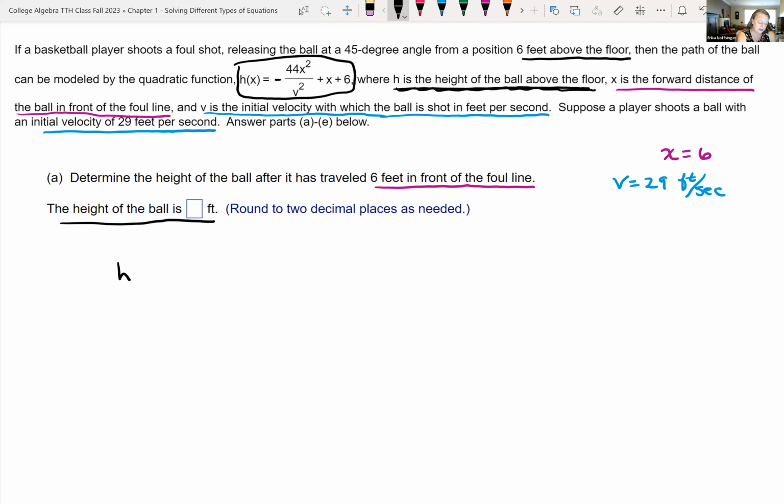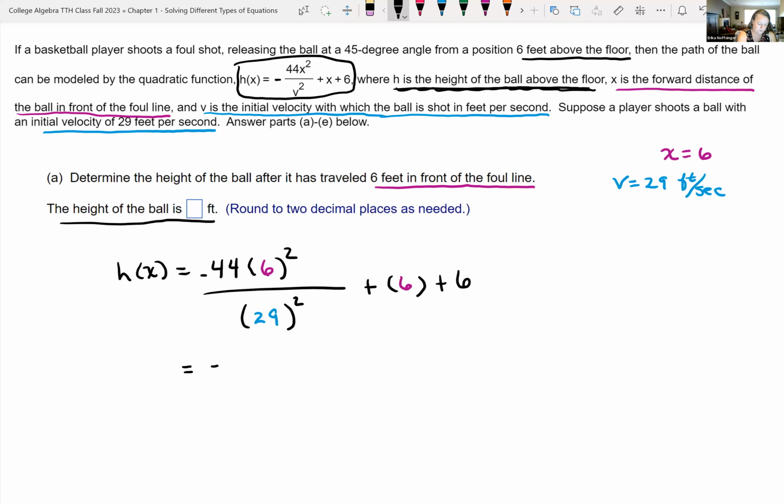And so here I have h of x is equal to negative 44, x, which is 6, tells me to square my x, all over v squared. In my case, this v here is 29, so 29 squared, plus x, so x in this case is 6, plus 6.